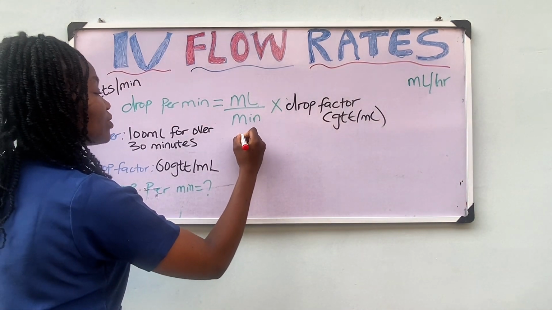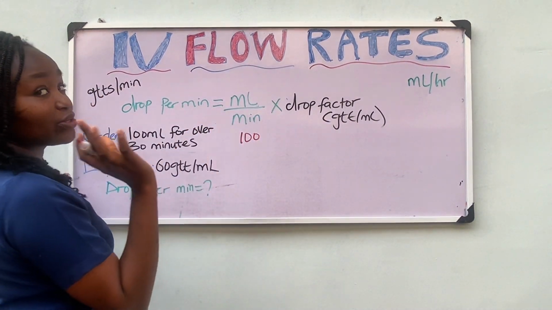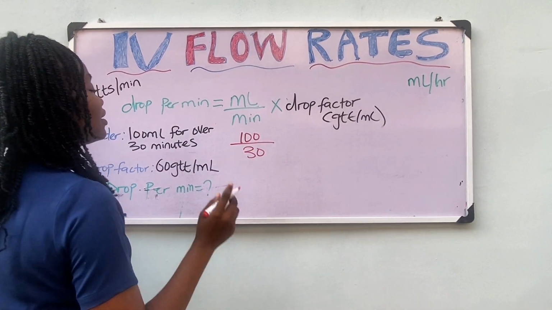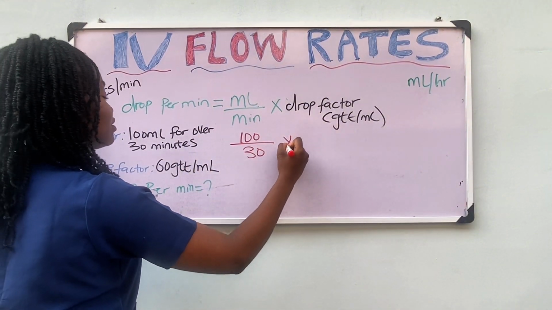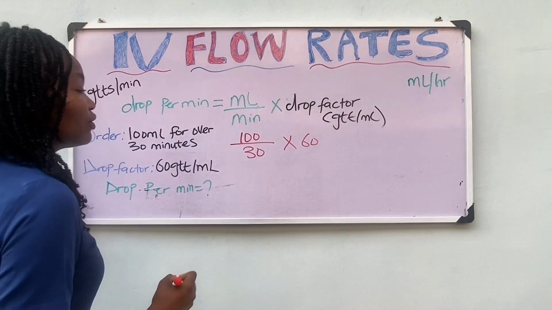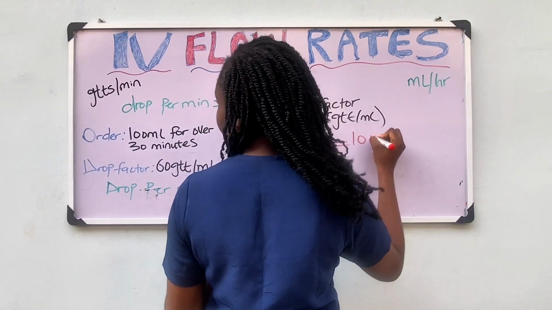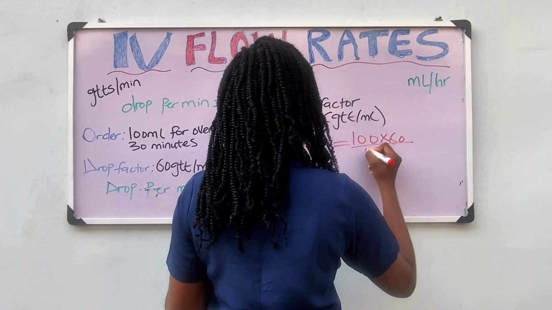Our volume was already in mL, so there's no need for conversion, all over 30 minutes. There's also no need for conversion because we already have it in minutes, multiplied by the drop factor of 60. So that gives us 100 times 60 divided by 30.